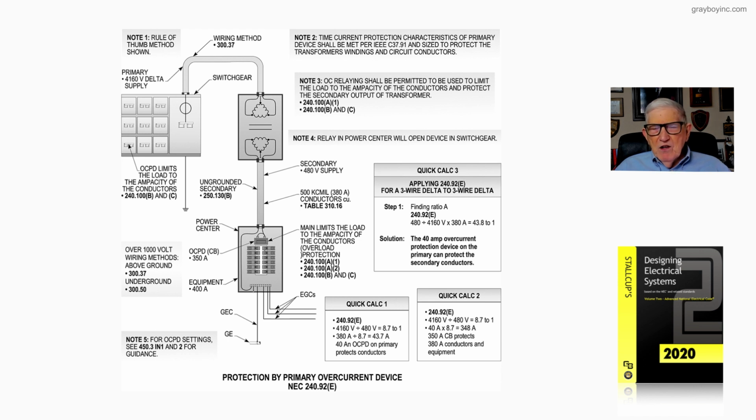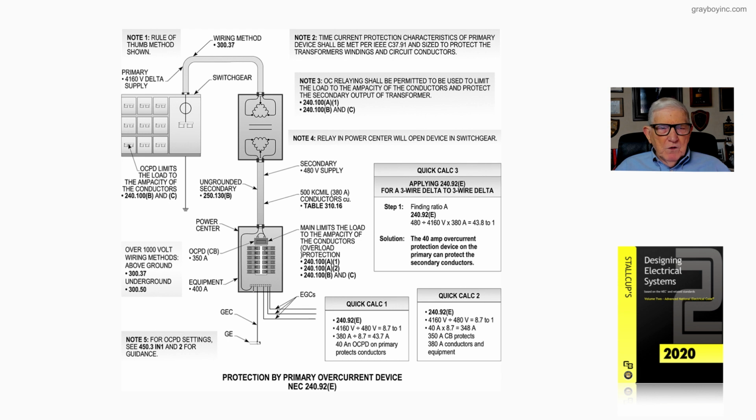We have 500 kcmil, 380 amp conductors, as outlined in Table 310.16 in the 75 degree column. We're terminating in a main overcurrent device, as outlined in 230.70(B), 240.100(A)(1) and 240.100(A)(2), as well as 240.100(B) and (C), which could be used depending on voltage.